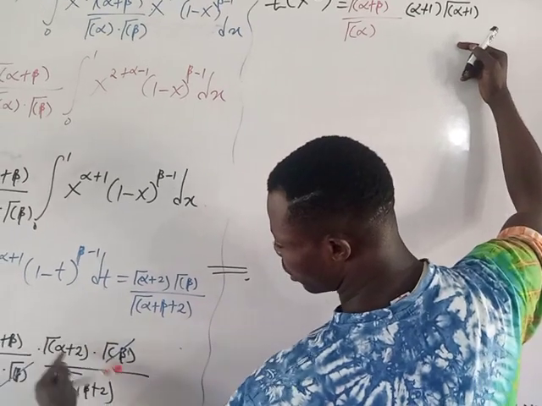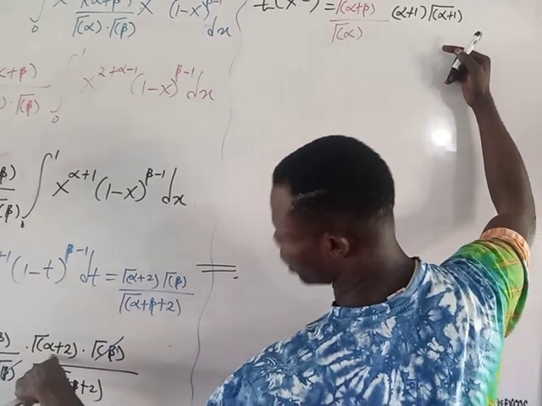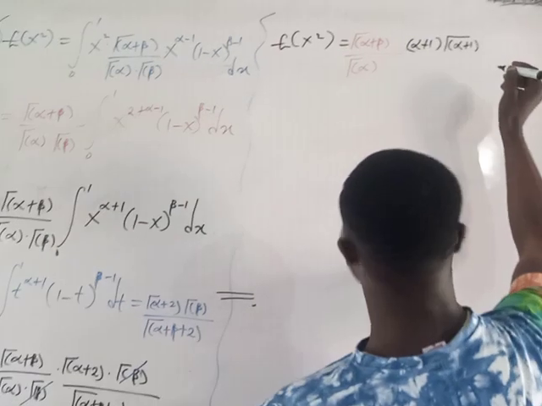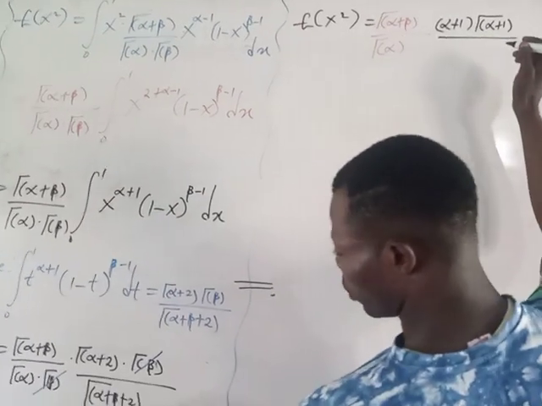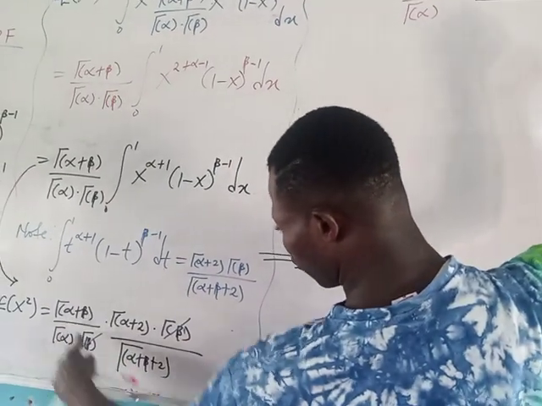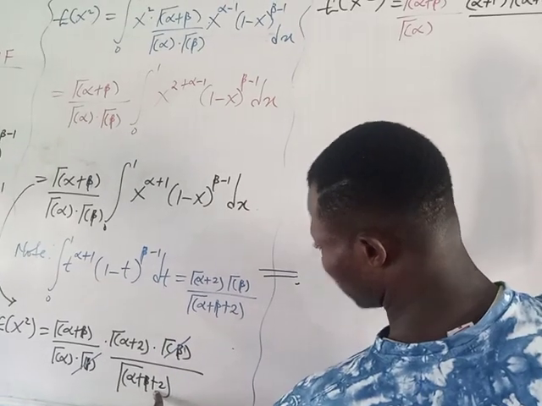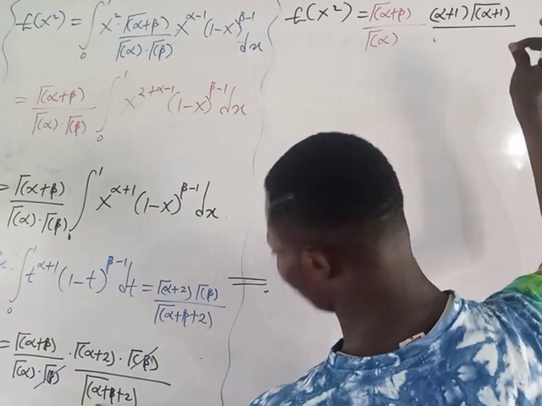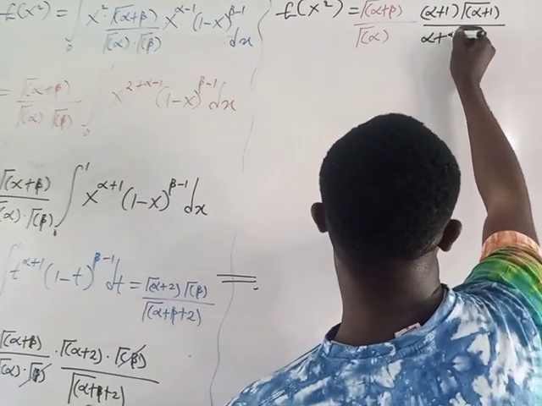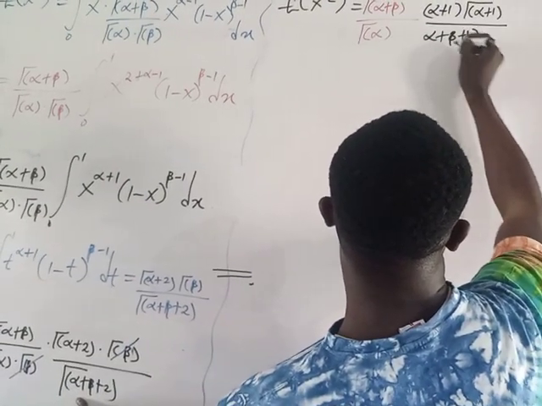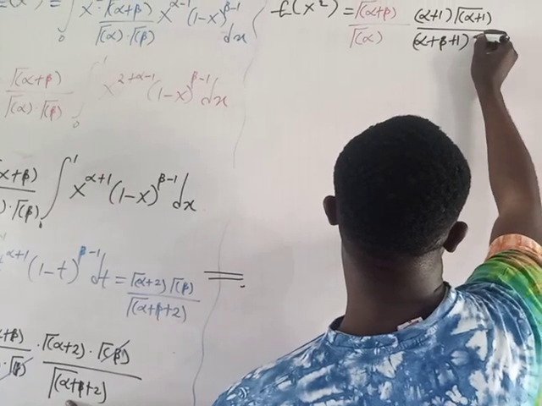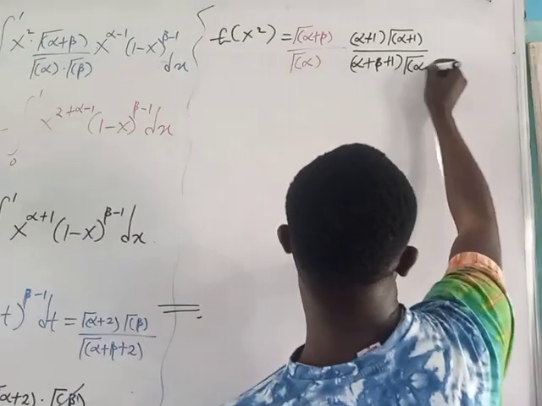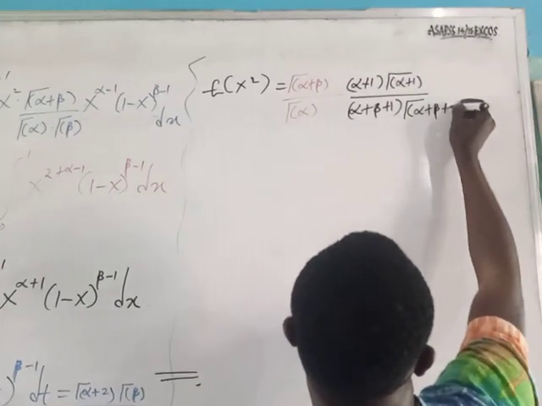So we take it to the back, we repeat the function again, all over. So this, I want to reduce it to this form: subtract 1 from this, we will get gamma alpha plus beta plus 1. Then repeat it again, alpha plus beta plus 1.